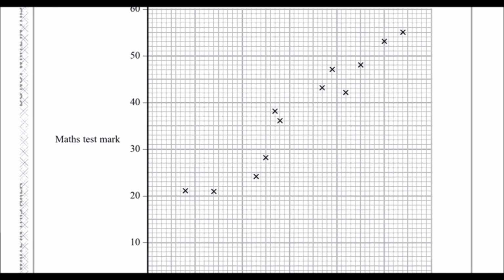To do this, to use a scatter graph to make an estimate, we need to draw a line of best fit. A line of best fit is the line that best fits the points. So we're trying to minimize the distance from the points to the line. So we should have roughly the same number of points on each side.